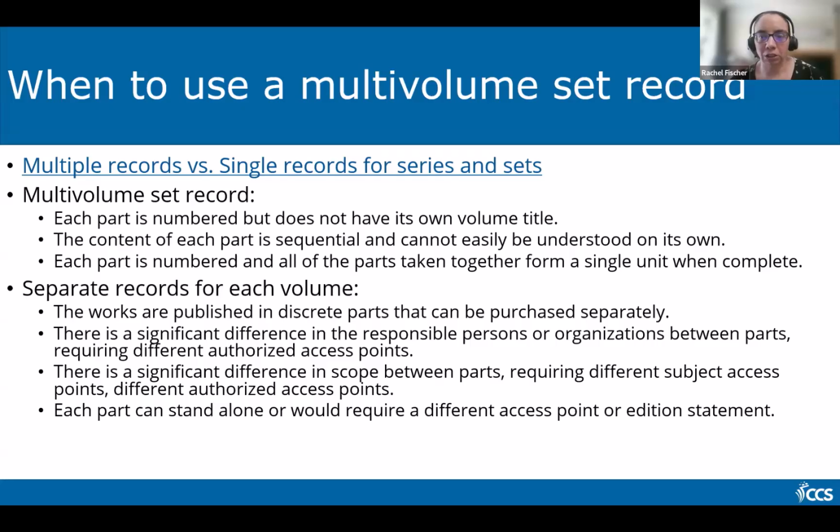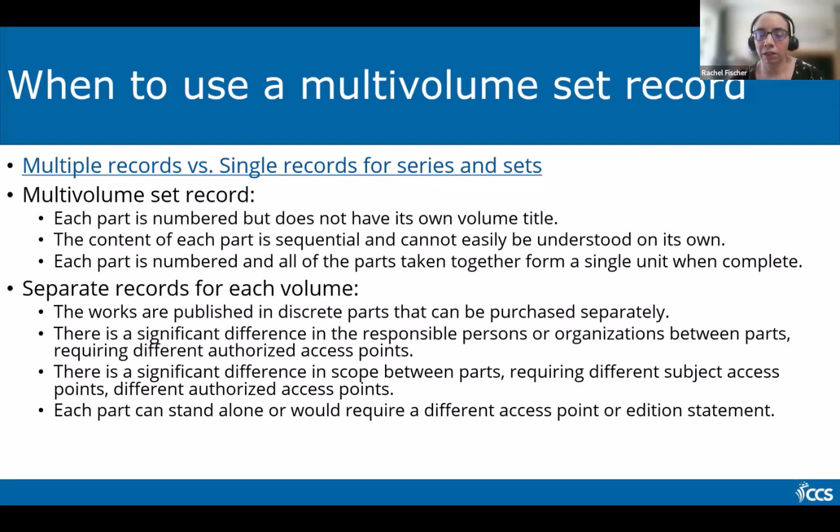So this provides just a general overview of the requirements, but we do have some more details on these on the catalogers wiki page that's linked to on the slide. We'd use a multi-volume set record for this series if each part is numbered but does not have its own volume title.